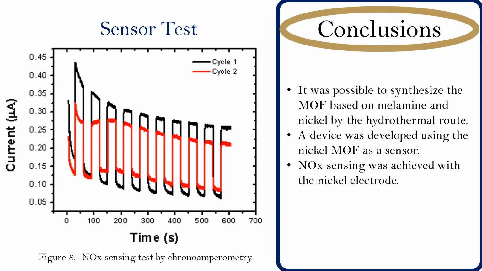For the NOx sensor test, to carry out this experimental test in a vacuum space, a stream of NOx gases was made to flow directly into it while its amperometric response was measured. As can be seen in figure 8, two cycles were varied as the nickel MOF plate was exposed.